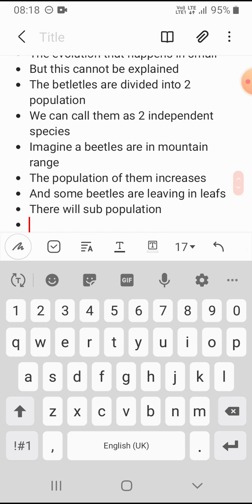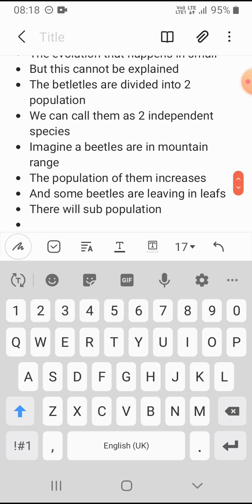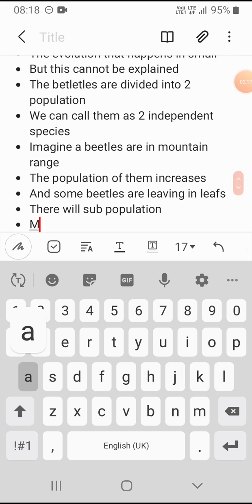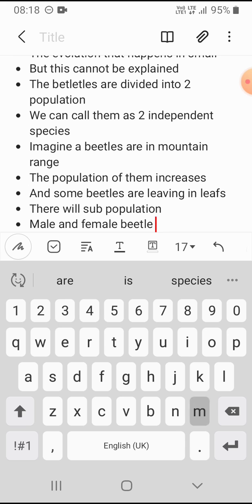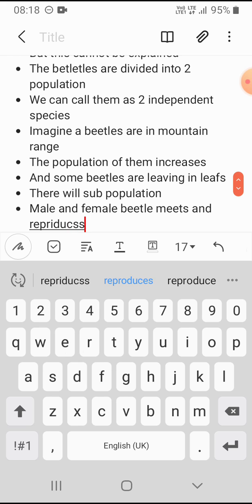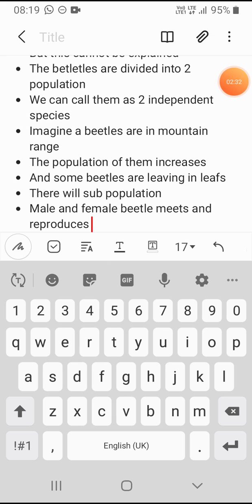They are living in the mountain range, but they are living in the leaves, and they will be living there only. But the subpopulation, once a male and female beetle meets and reproduces, that is subpopulation reproduction.